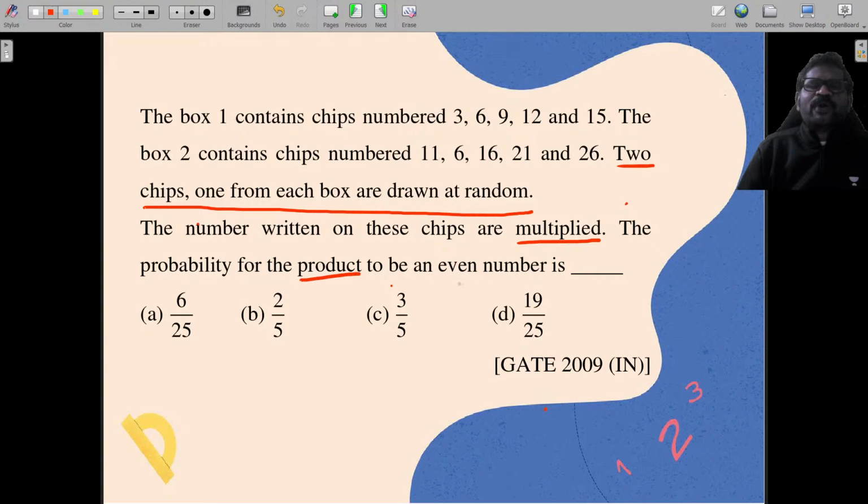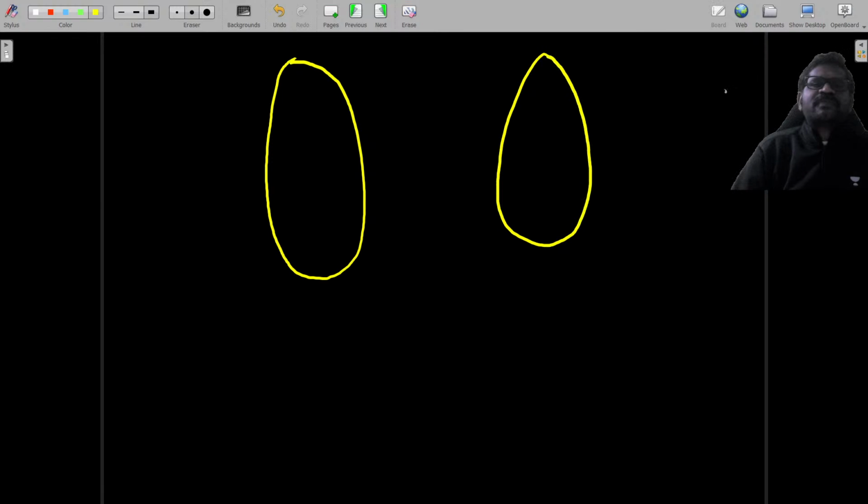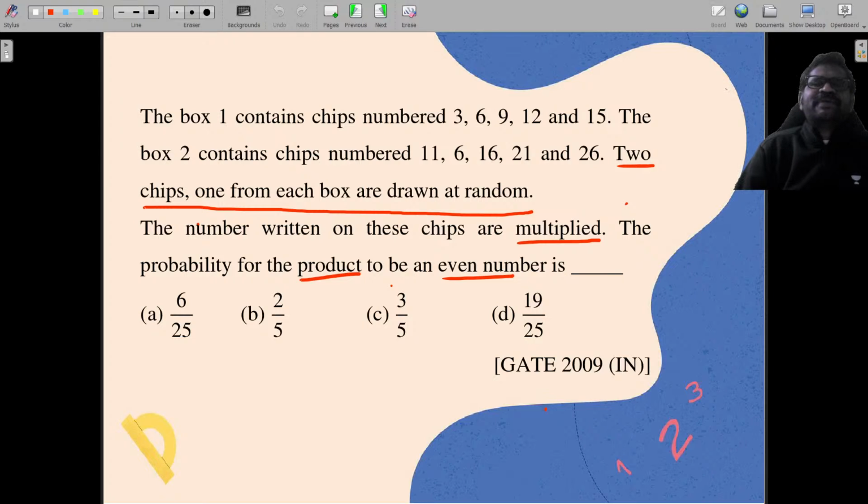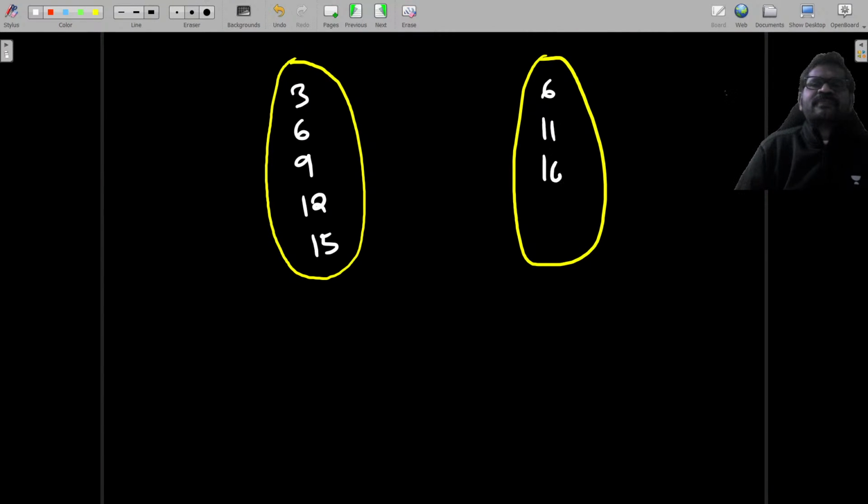The probability that the product is an even number.